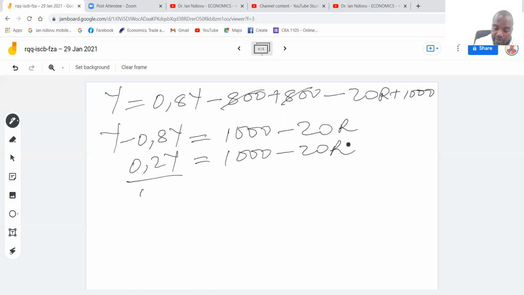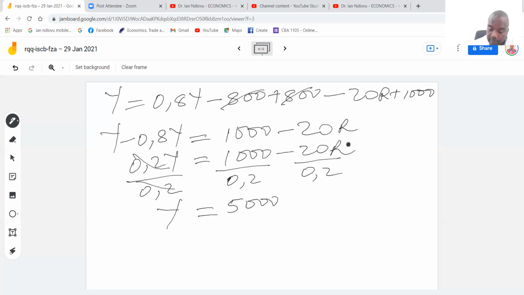We divide both sides by 0.2. On the right-hand side, we divide every term by 0.2. Y is equal to 1000 over 0.2. The answer is 5,000 minus 20 over 0.2. It is 100R.